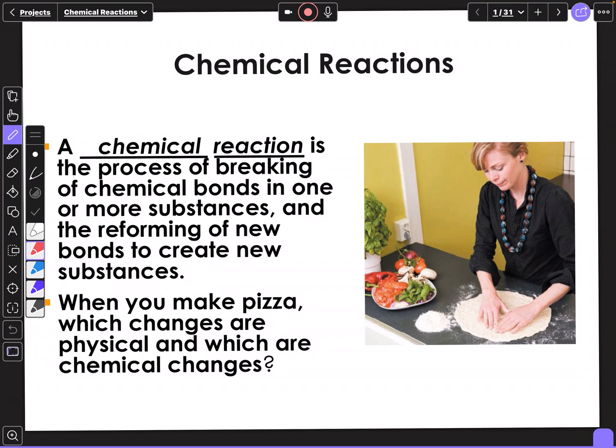You know, when you make a pizza, which changes are physical or chemical changes? So a chemical reaction, another name for that is a chemical change. New substances are formed from the starting substances.